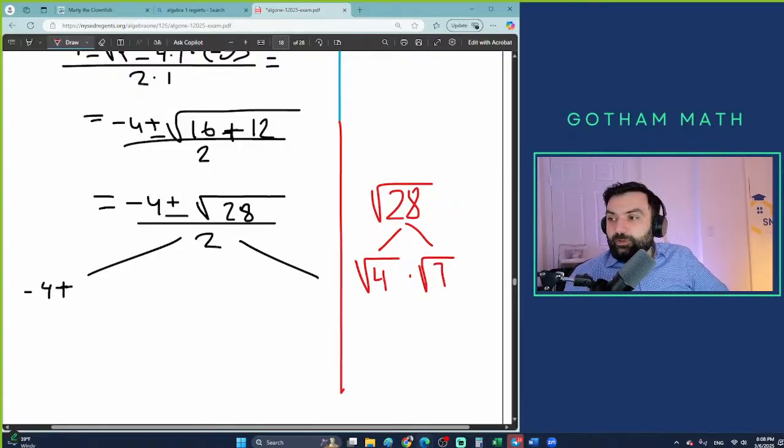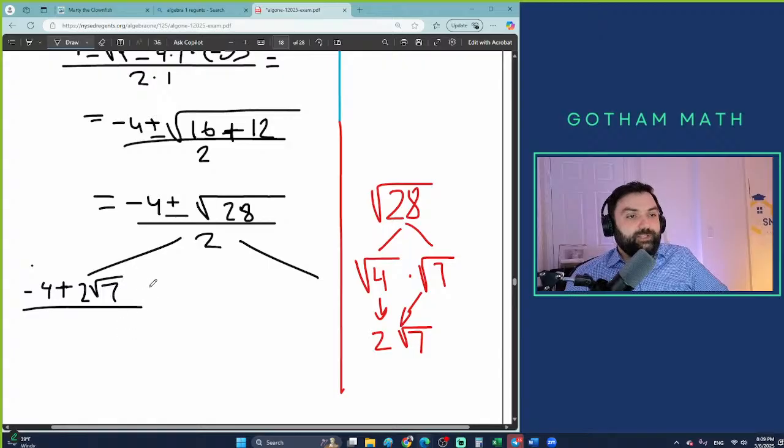If you don't know how to break down radicals, ask me during our next live class. So it's going to be 2 square root of 7. All right. So it's going to be negative 4 plus 2 square root of 7 over 2.